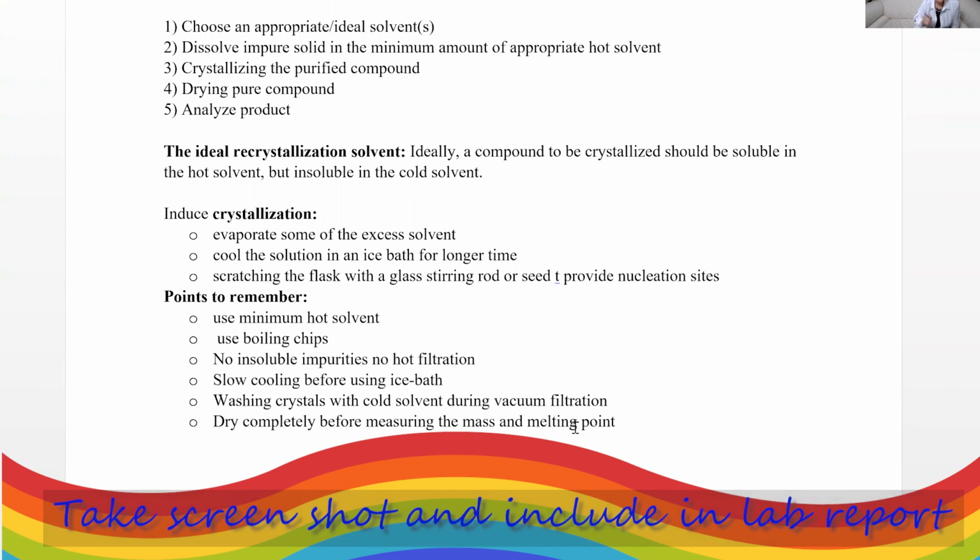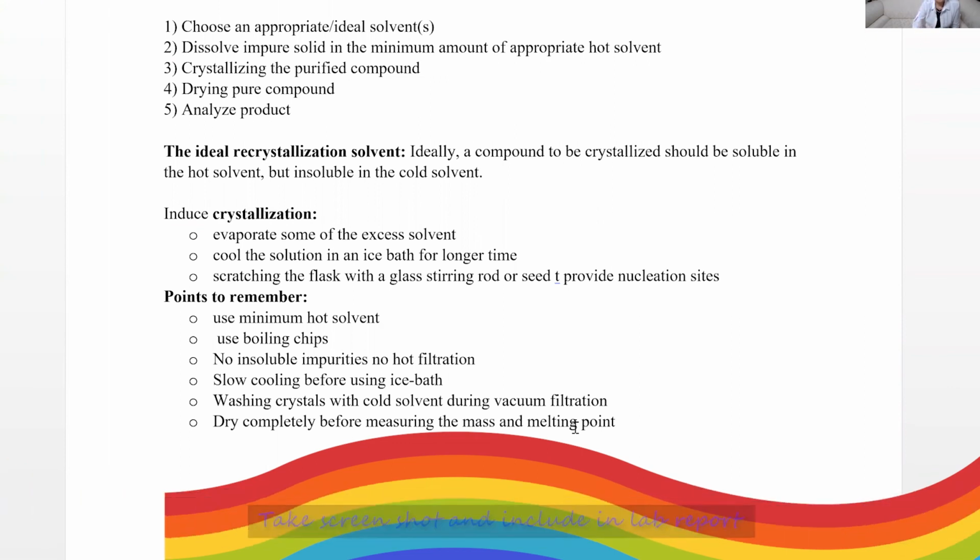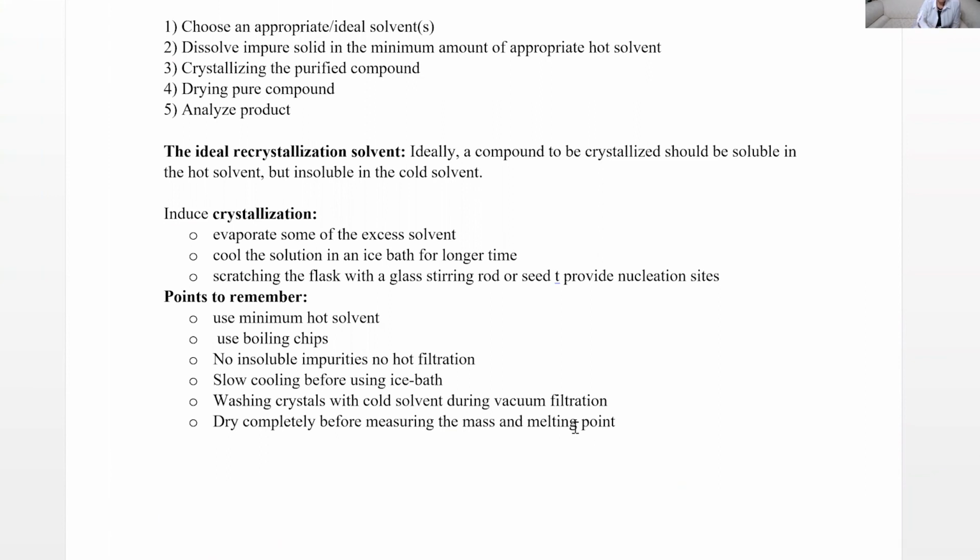If the sample is not dry completely, the solvent that is remaining there adds mass also to the compound. So you get a high percent recovery, and that is false, because you can't get more than the acceptable range of recovery either.